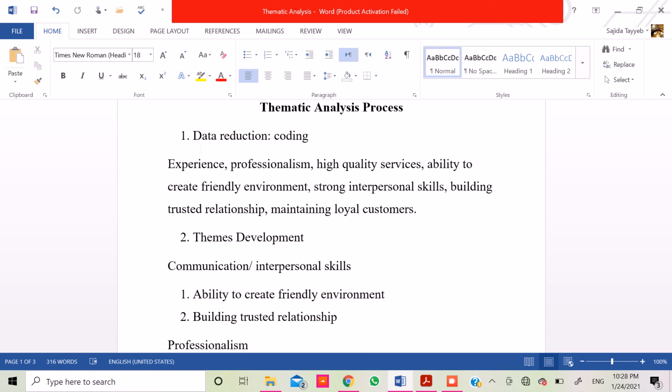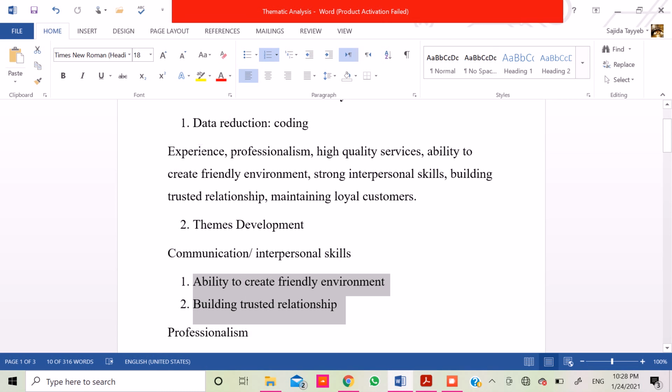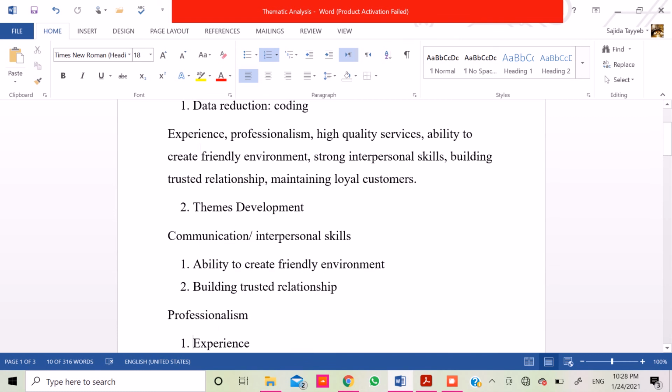So then we developed one theme for these particular codes, and then we named it as one theme. Here there's just a few codes, but if you're actually running it on your own study, then of course there will be too many codes, and then you can have more themes depending on the nature of your study and responses.